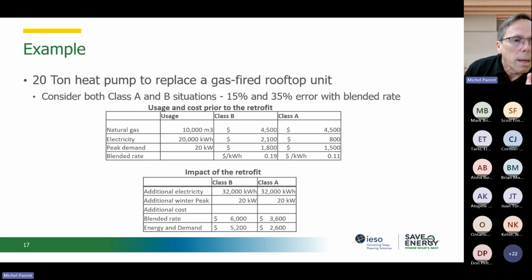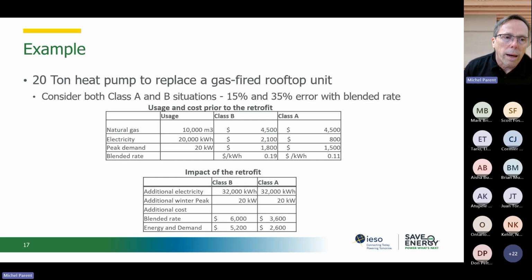So in the case of a Class B customer, you can get a 15% difference between the actual cost and the one with the proper approach. And for a Class A, the error can be 35%. So you have to be very careful.